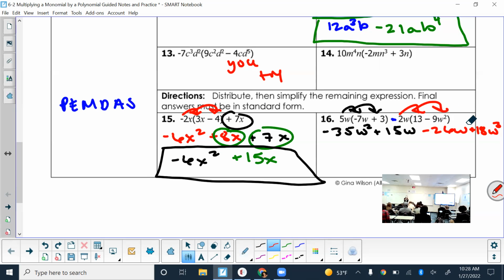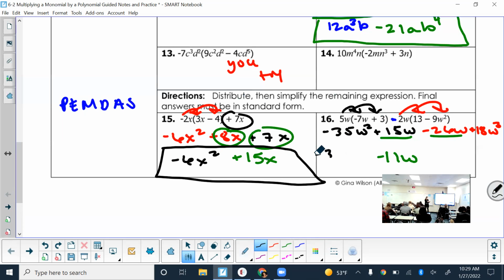So then look at what you have left, any operations that you need to do. Are there any like terms I can combine? What are they? And what do you get when you combine them? Positive or negative 11? Negative 11w. And then bring the other stuff down.